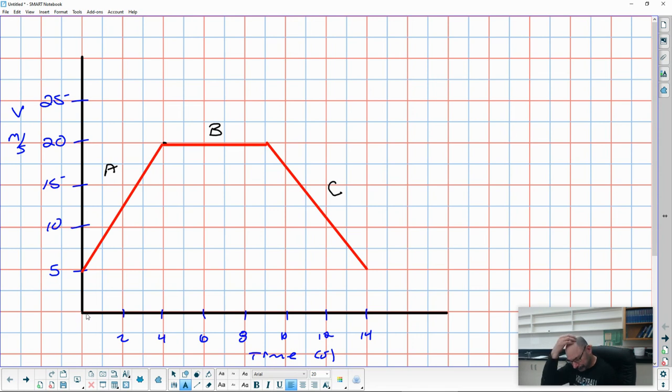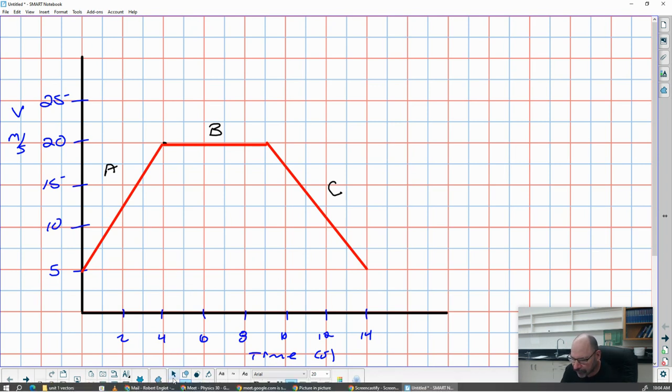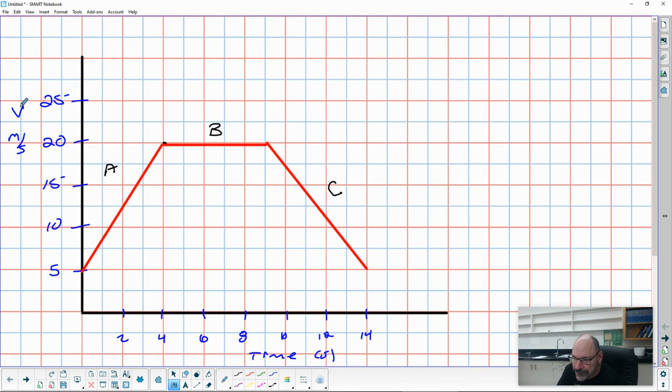Okay, and we're looking at calculating our velocity, or sorry, this is distance, not velocity. Here we go. So we're going to look at what's this velocity, what's this velocity, what's this velocity, or speeds, and then the average velocity.